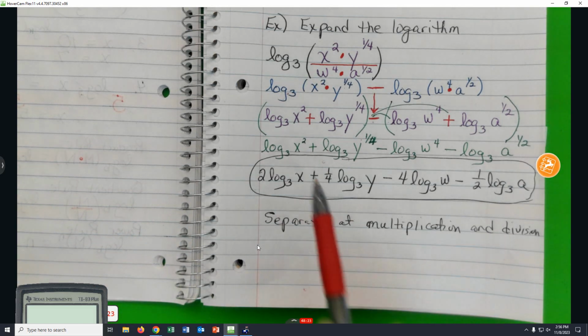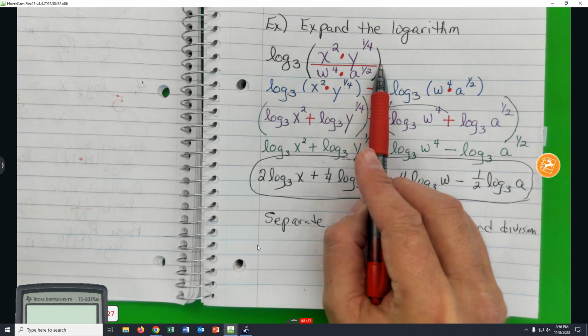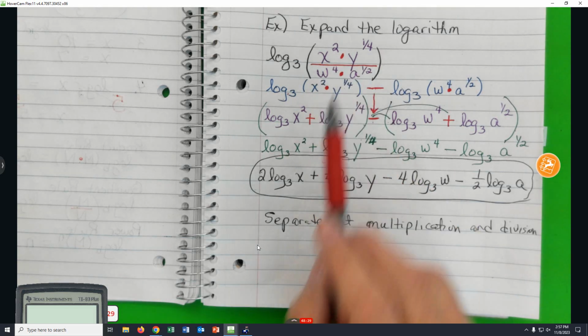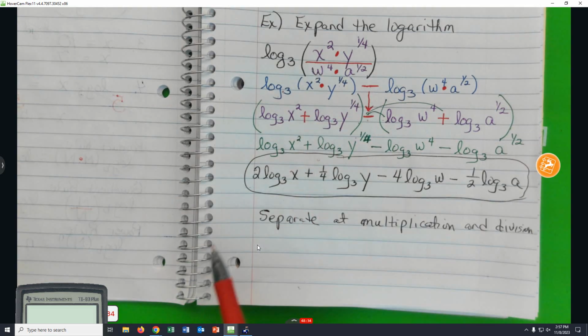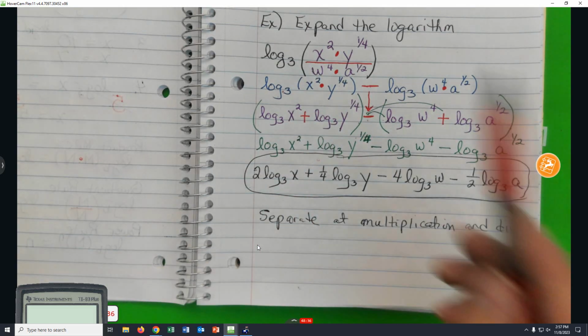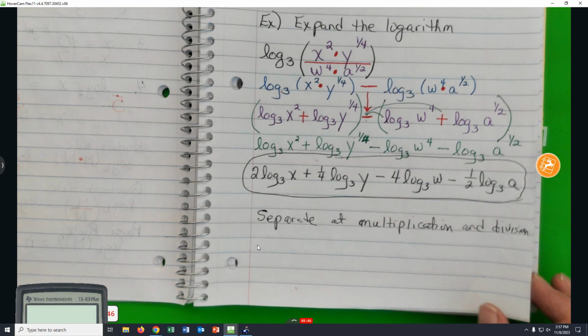So, separate at multiplication and division. The stuff on the bottom will have minuses in front of them. The stuff on top will have pluses, and the exponents go in front of the letter L. We have a product rule, we have a quotient rule, we have a power rule. We do not have a sum or difference rule.